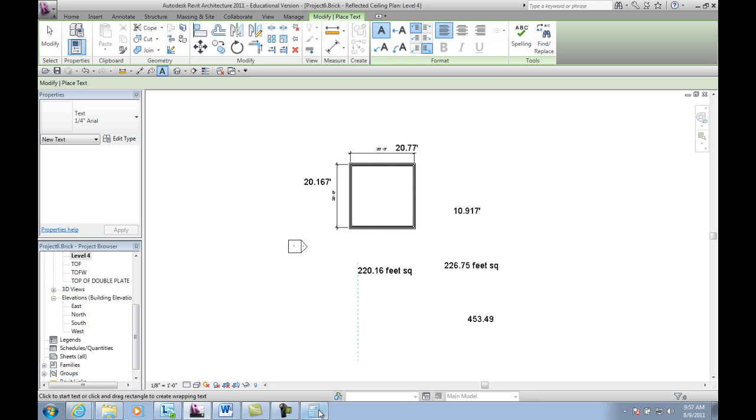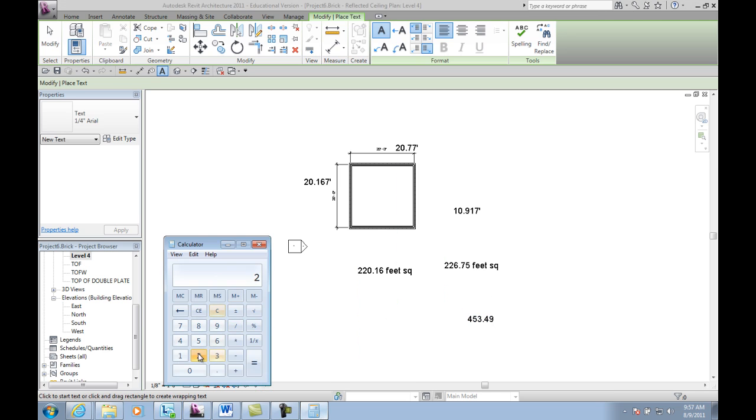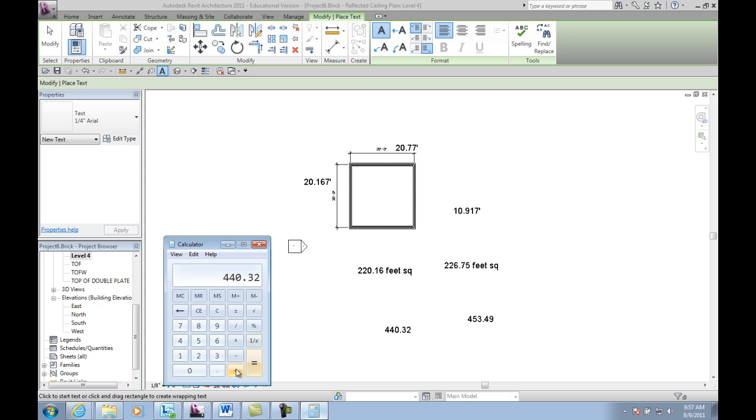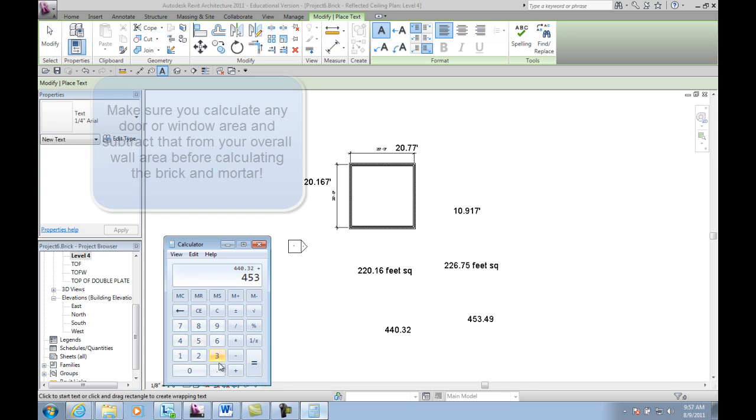Then you take this 220.16 times it by 2, and you're going to get 440.32. Alright, so now we'll just take and add these two together. Plus 453.49.